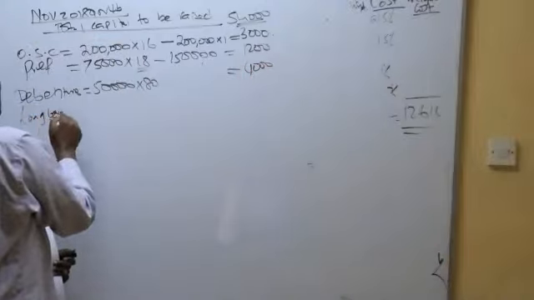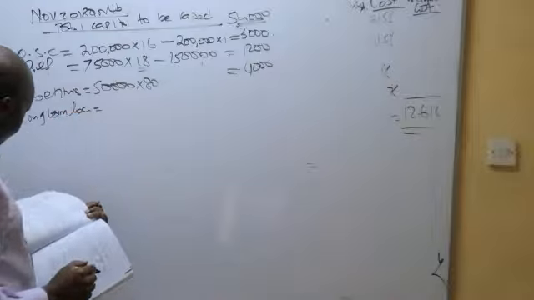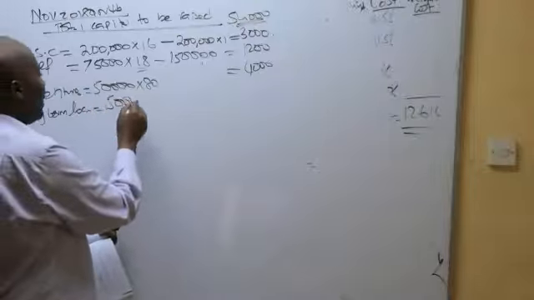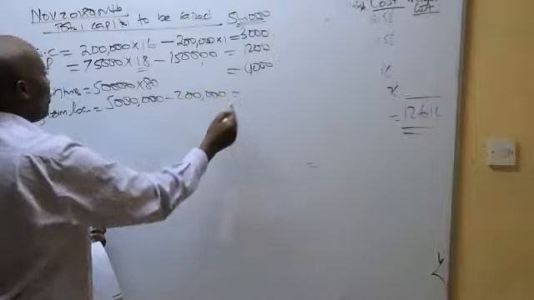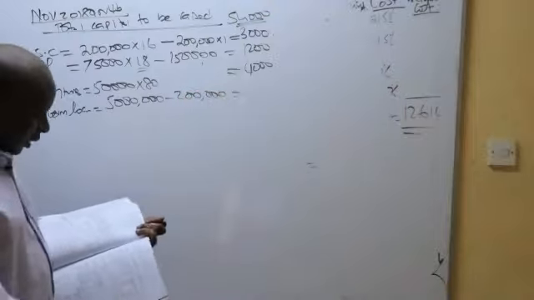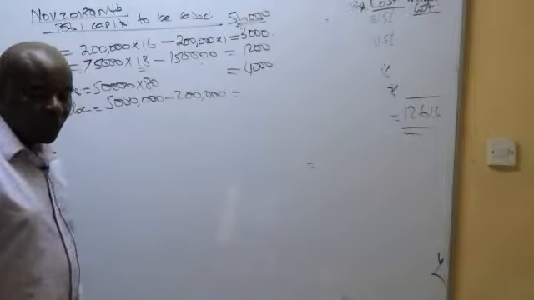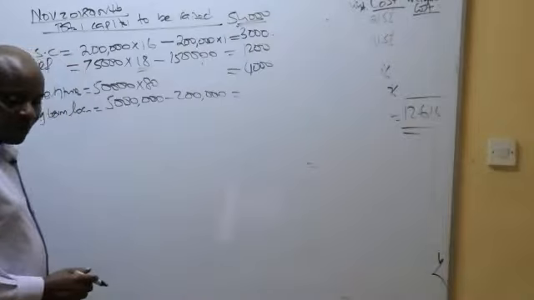The long-term loan, what do we have? It's 5 million, but here we have got 200,000 as flotation. So I'm being given 4 million.